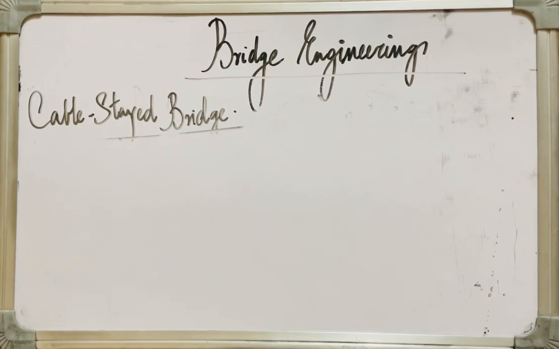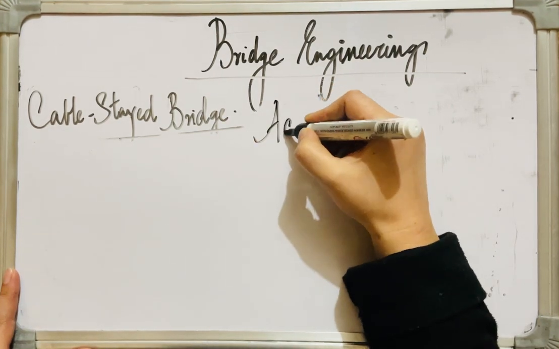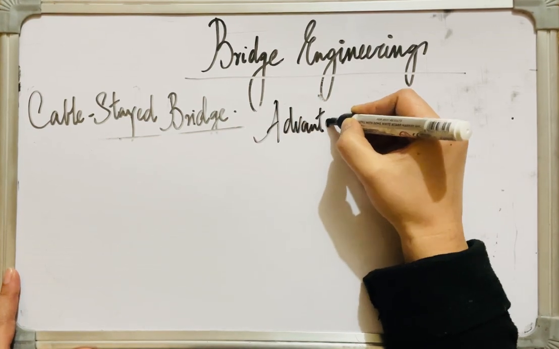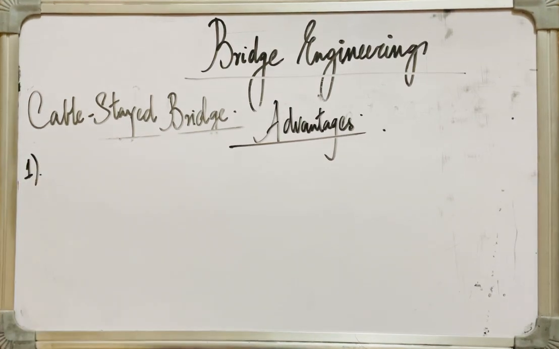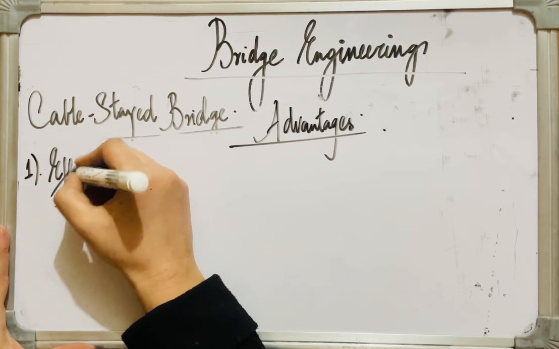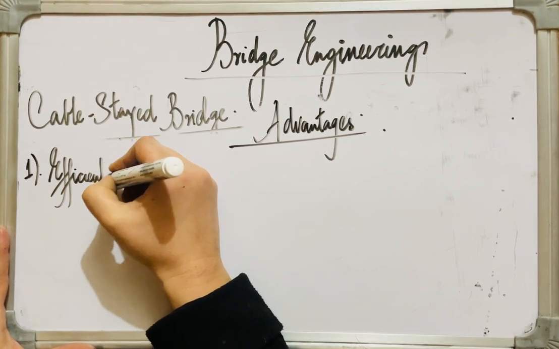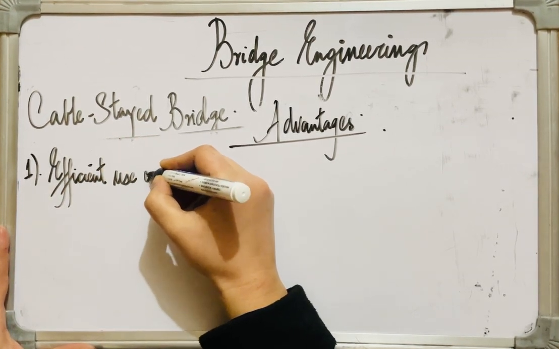Now we are going to discuss the advantages and the disadvantages of these bridges. First, we'll study the advantages. The first one is efficient use of materials. I'll write it down for you. Efficient use of materials.